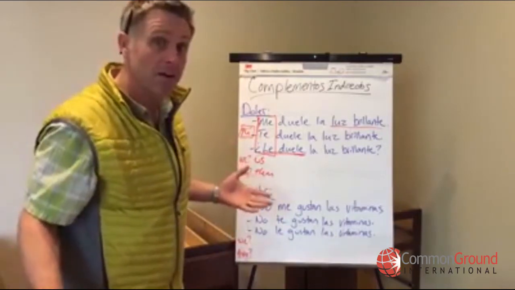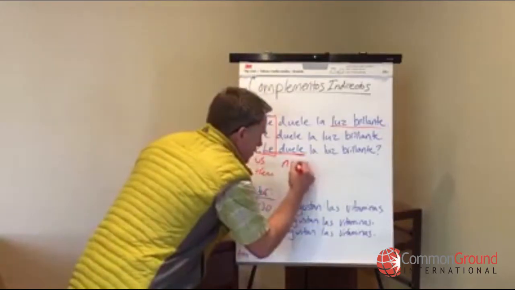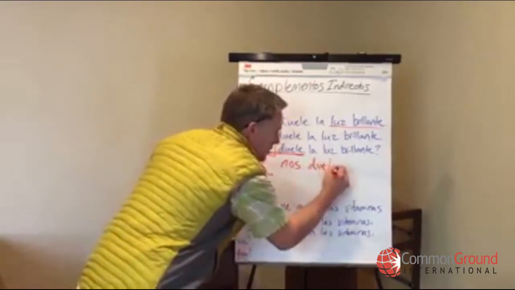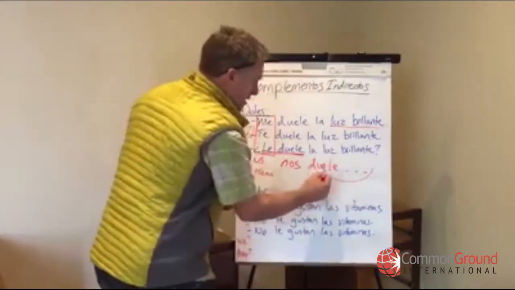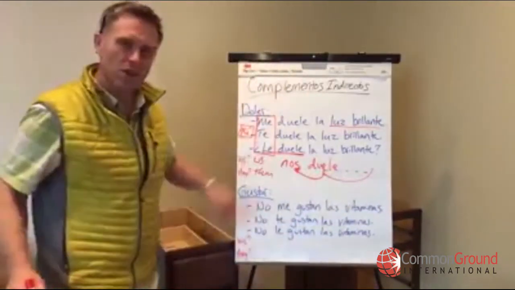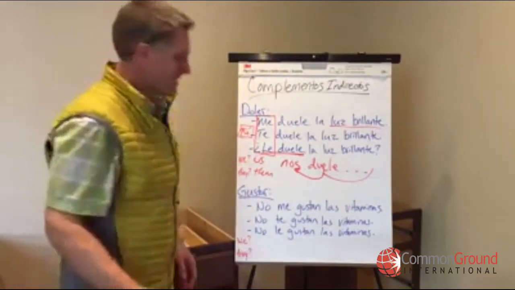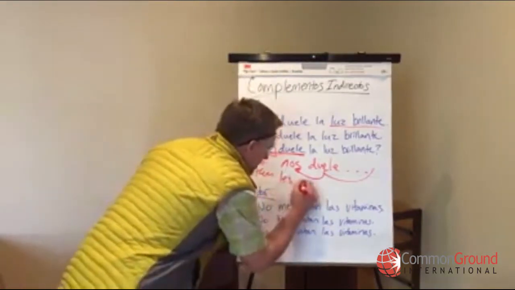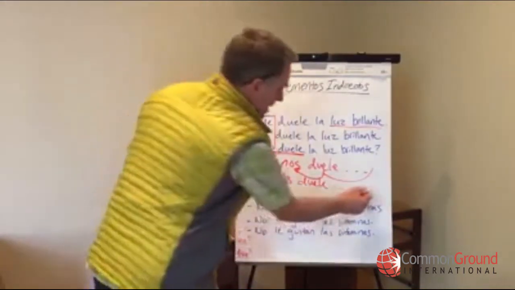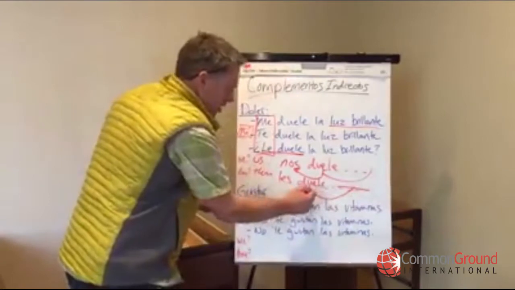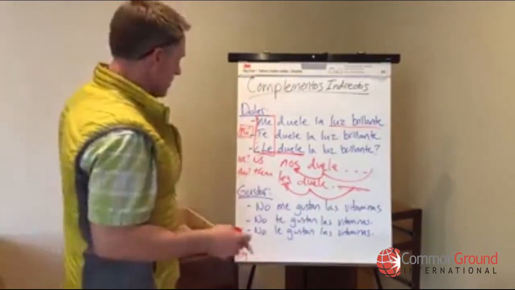Do you know what they are? Us is nos. Nos duele la luz brillante. Nos duele. So the light causes pain to us. What about them? Les. Les duele la luz brillante. So again, la luz brillante, bright light, hurts them. ¿Verdad? Or you all. Could be ustedes also.